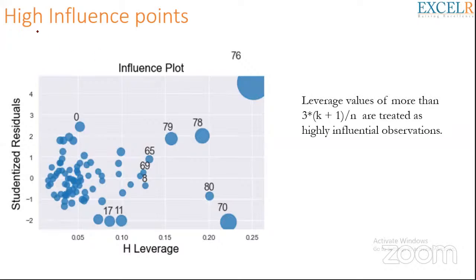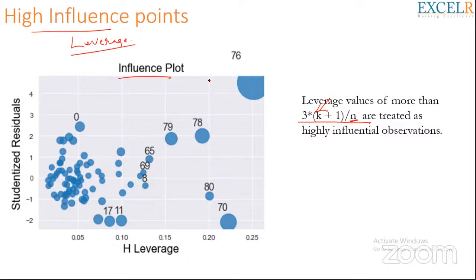One more thing is the high influence point, or the leverage. This also gives us an idea of the influential data points. We compute a cutoff, a threshold value for the leverage, using 3 times (k plus 1) by n, where k is the number of features, the dimensions in the data set, and n is the number of data points. If the leverage crosses this value, then we say those are outliers or influential data points.